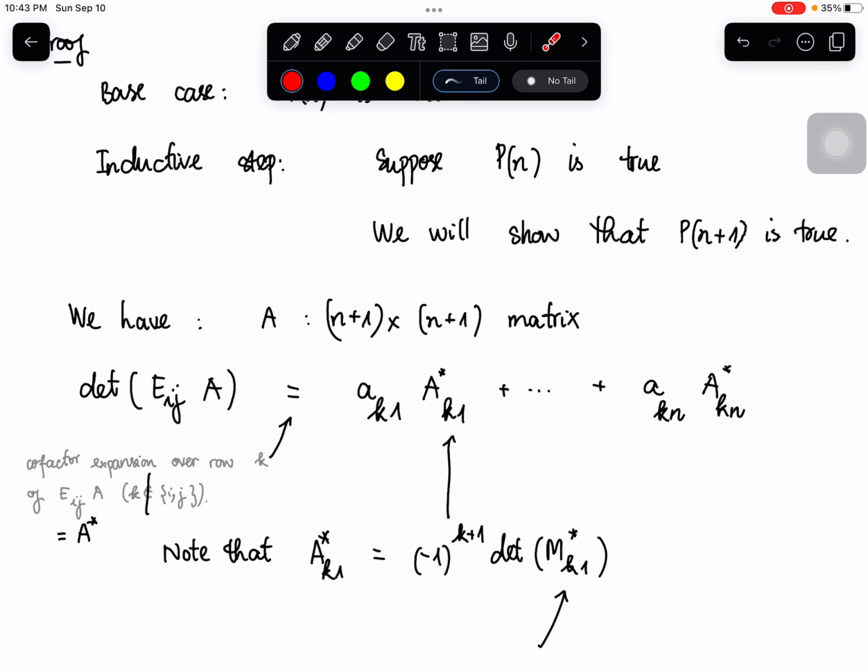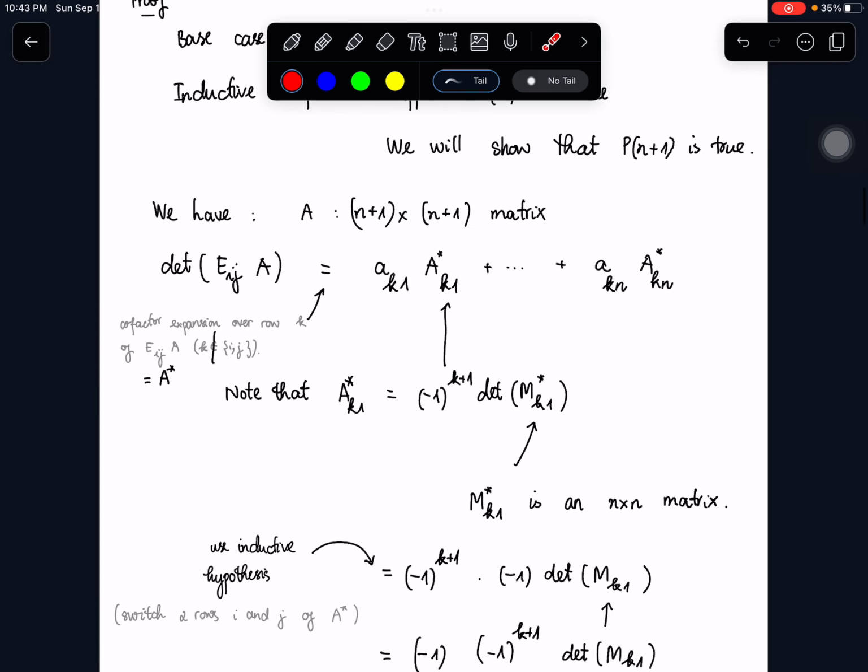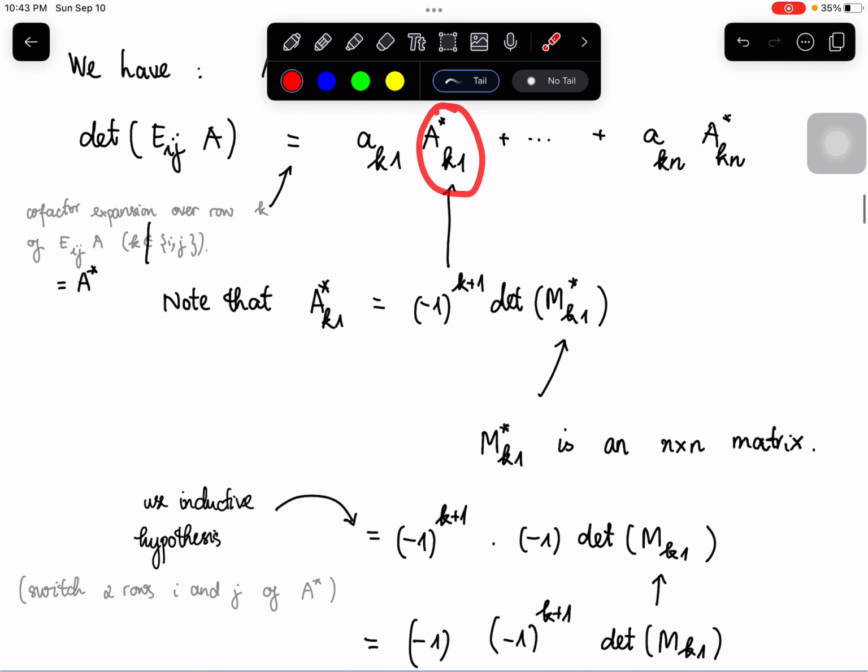Let's look at this cofactor. A star k1 is in fact minus 1 to the k plus 1 times the determinant of the matrix Mk1 star. Mk1 star is an n by n matrix.